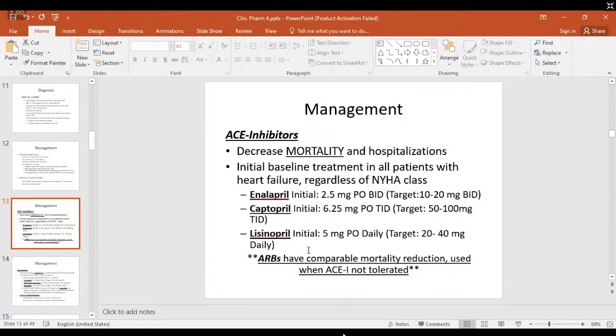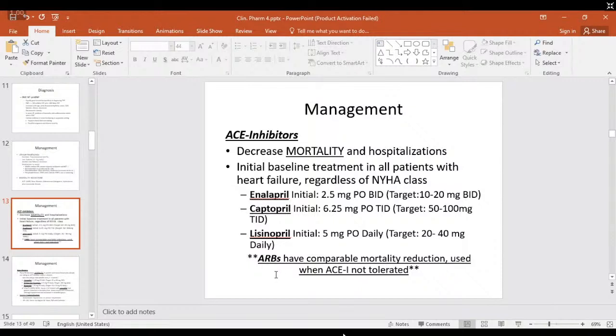Perindopril is also taken usually twice a day, but you can decide according to your patient's blood pressure and according to your patient's characteristics which ACE inhibitor you can use. And if ACE inhibitors are not working, of course, you can switch to ARBs.